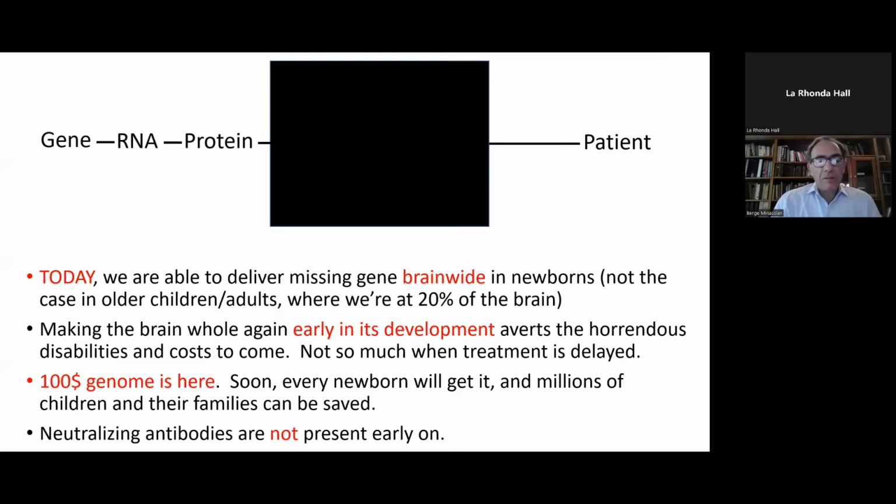So even today, we are able to deliver the missing gene brain-wide in newborn animals. The animal studies, whether mice or larger animals such as monkeys, are clearly showing that if we treat an immature newborn brain, we can distribute the virally delivered gene product very widely across the brain.